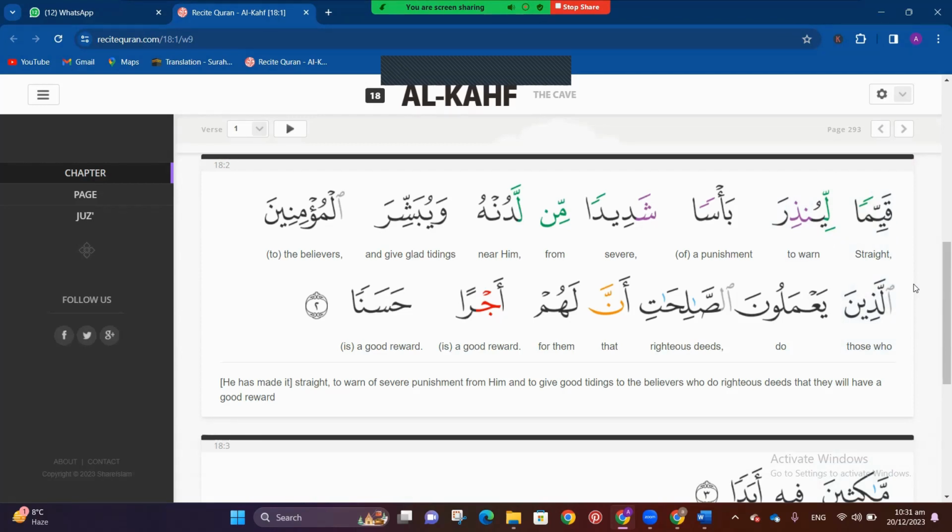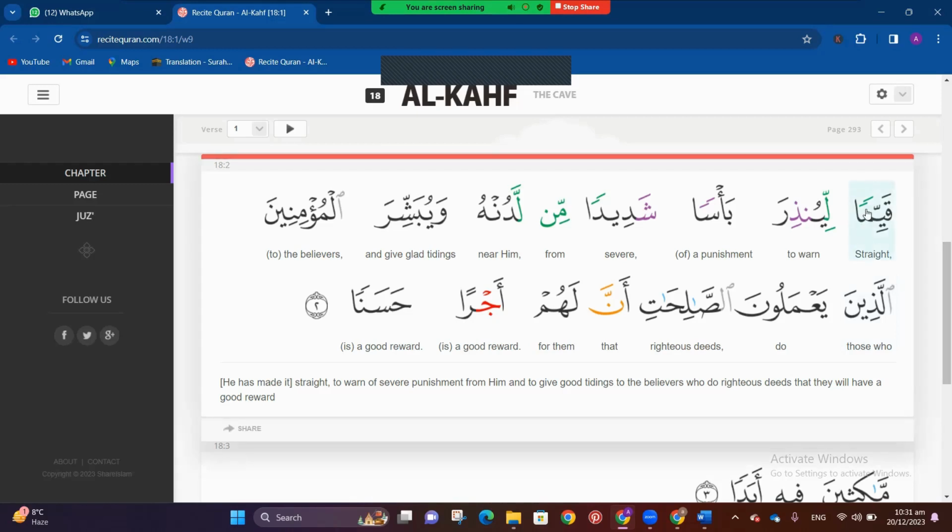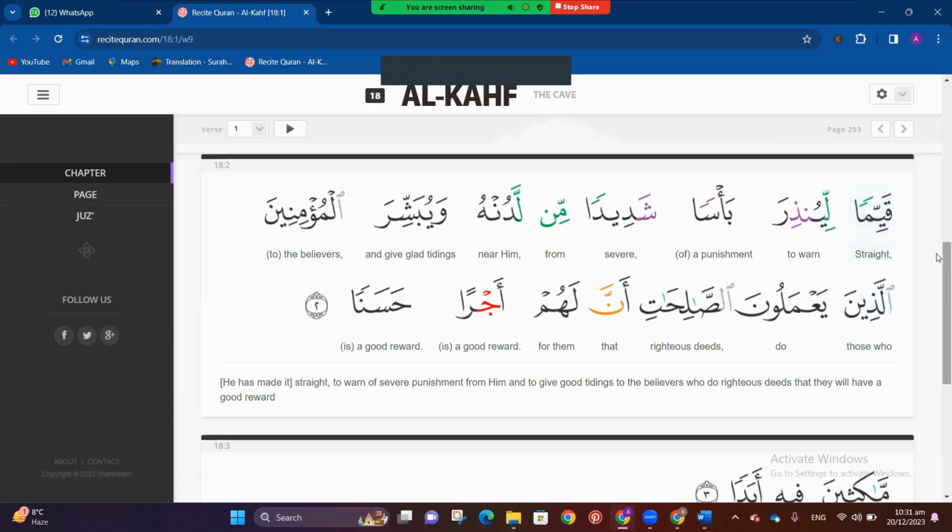The same we are going to learn in other ayahs as well. The other rules we are going to learn side by side, inshallah. For now I'm just saying that you have to join the ma sound with the la sound, the next alphabet. قيما لينذر.